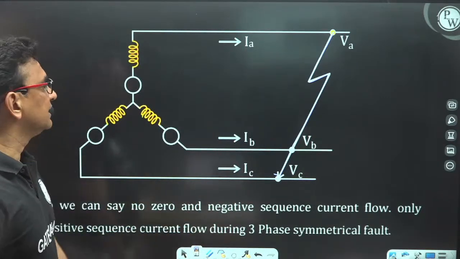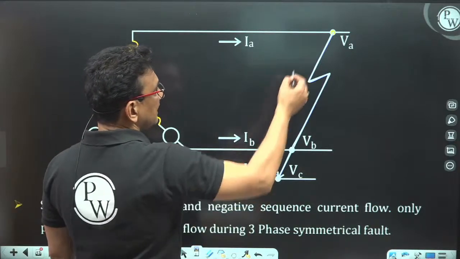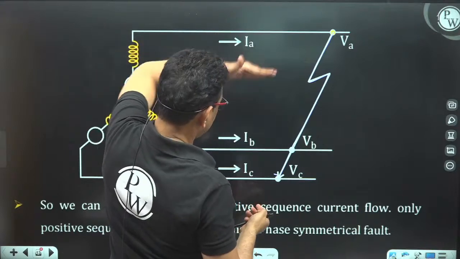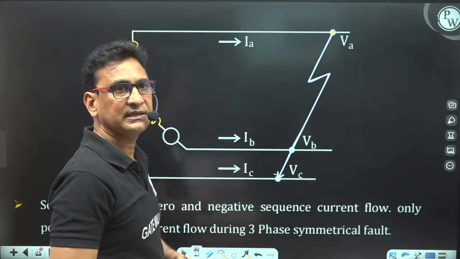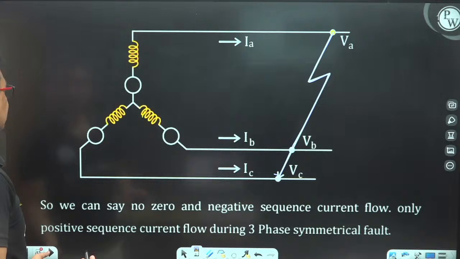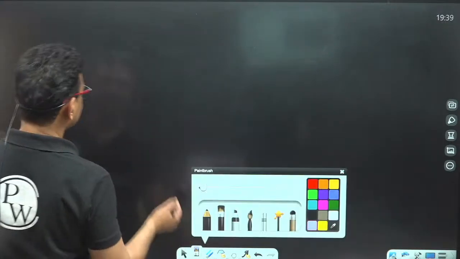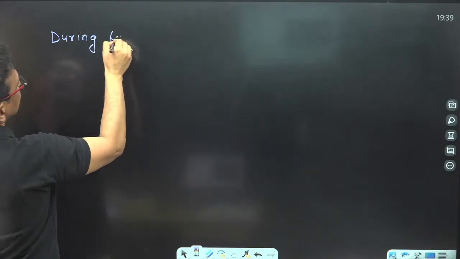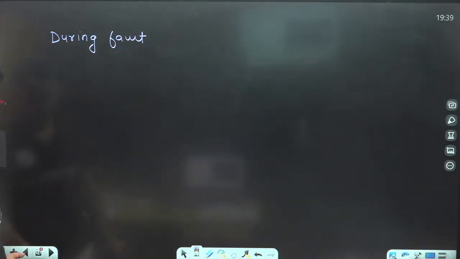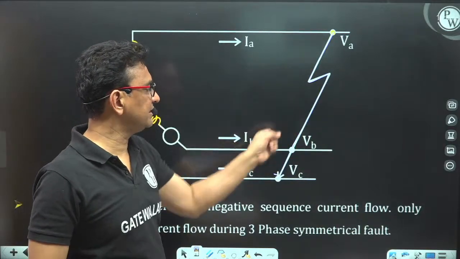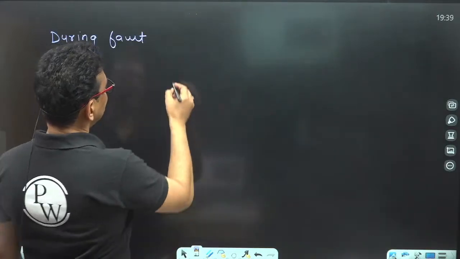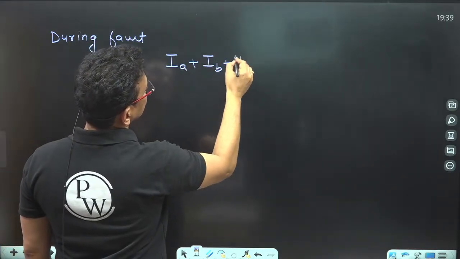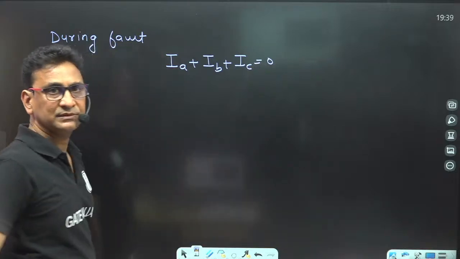This I am proving. If we apply Kirchhoff's current law here, this is a node, all nodes are connected. So IA plus IB plus IC is equivalent to 0. Clear? During fault, we assume that the current in A phase is IA, current in B phase is IB and current in C phase is IC. Applying Kirchhoff's current law, IA plus IB plus IC is equivalent to 0.